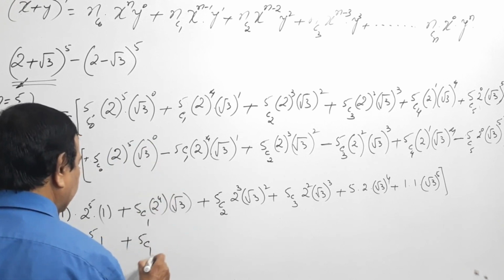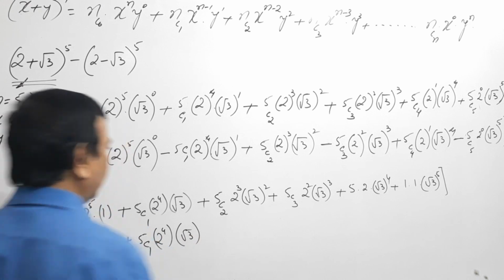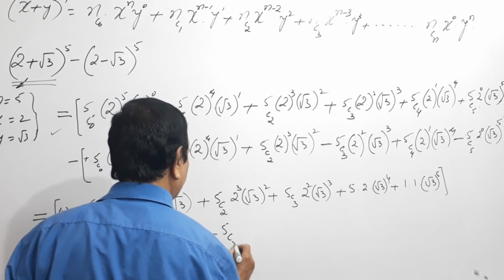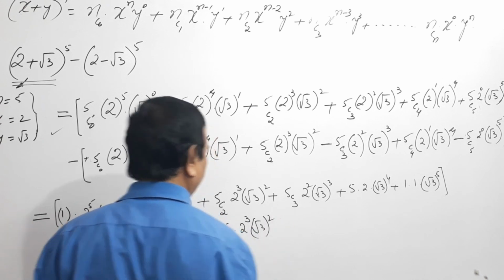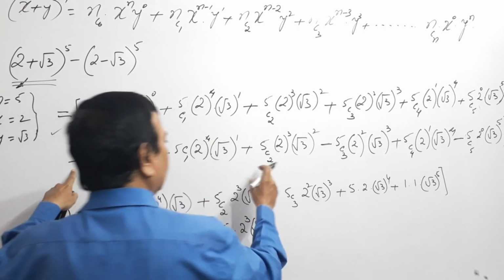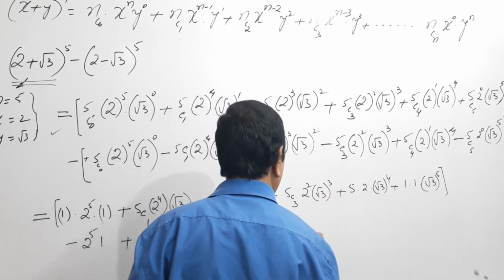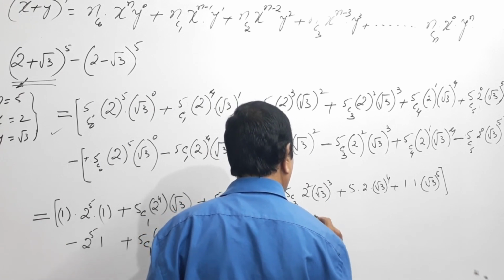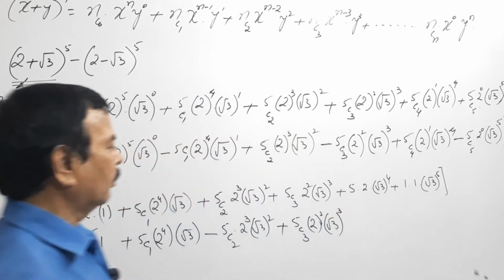This becomes 5C1 2 to the power of 4 root 3. Minus into plus minus. This is 5C2 2 to the power of 3 root 3 the whole square. So again minus into minus becomes plus 5C3 2 to the power of 2 into root 3 for the whole cube.